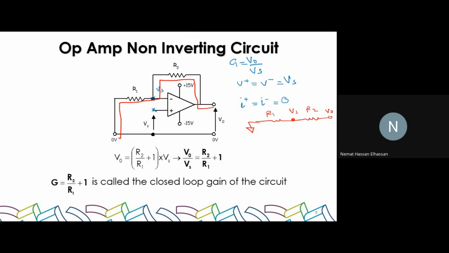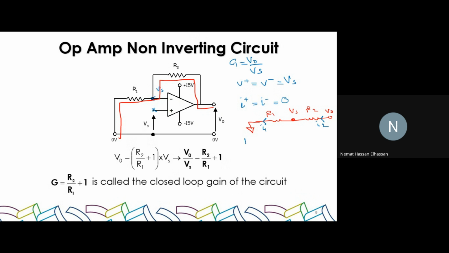Are we following? Make sense? And then I will try to evaluate current. We said that the current goes from high voltage to low voltage, right? So the direction of current will be from V out to Vs, from Vs to 0, right? Let's call this I2, and let's call this I1.